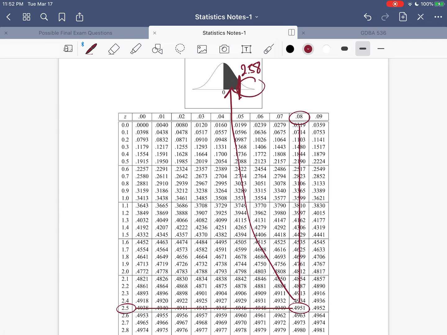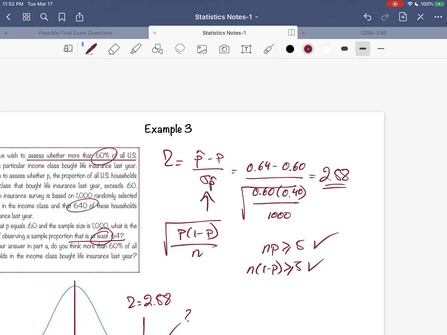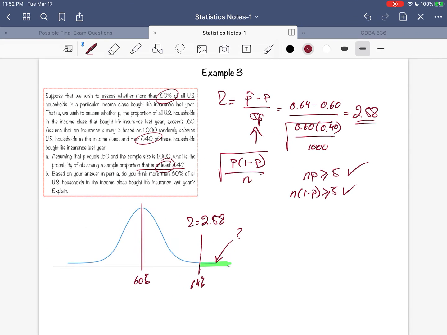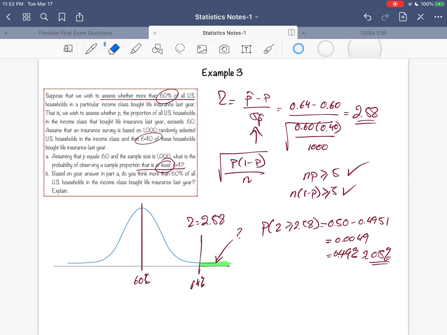Okay, but I'm not looking for that. I'm looking for this area right here, the remainder. So the chance is very minute. It's 0.5%.